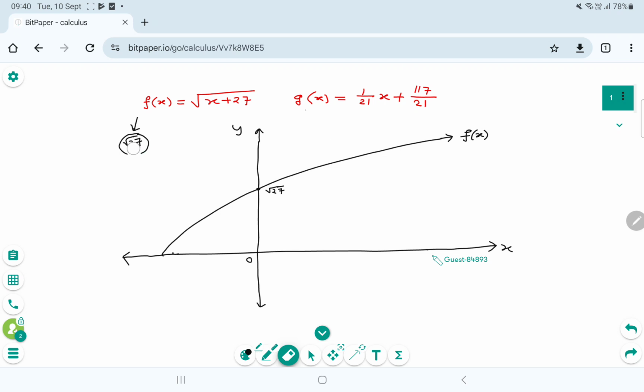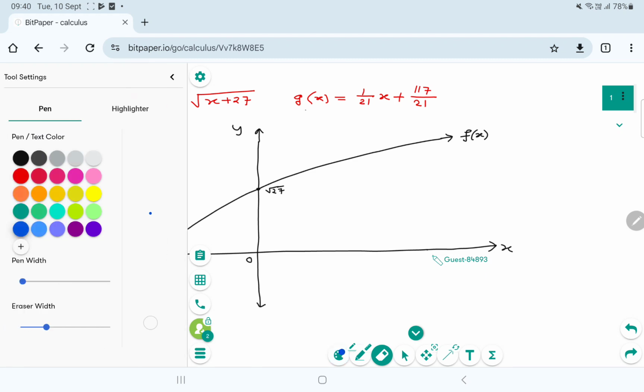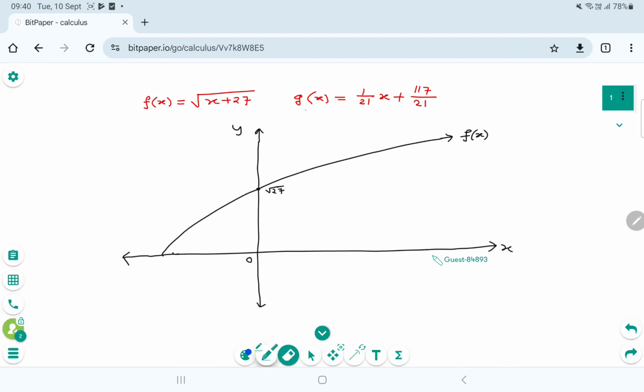So the y-intercept will be this place, right? I'm drawing in red, a different color. Let me put it here.